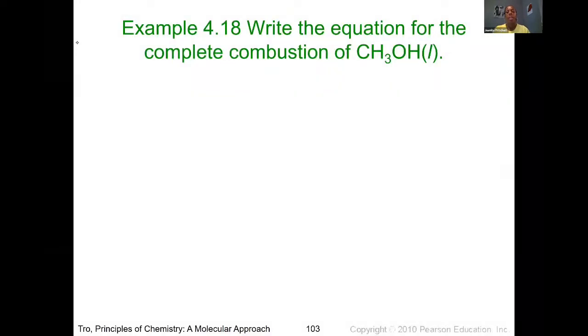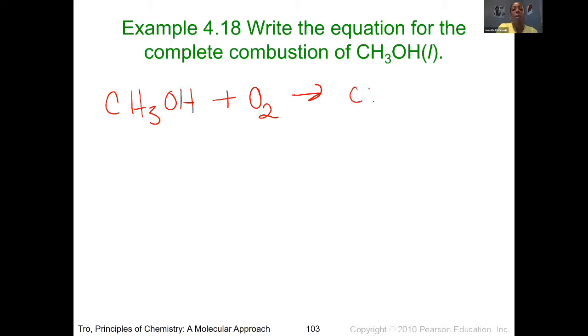So let's take an example: methanol, and we want to write an equation for its complete combustion. We have methanol, which is CH3OH. As we're predicting the combustion equation, we react this with oxygen, and then we refer to what we just saw in that chart. Any carbon present in this starting material, methanol, will form carbon dioxide.